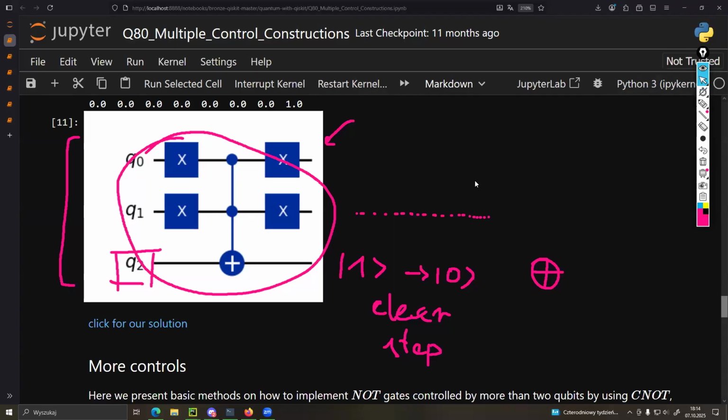No, because you never know. Recall this, that you start from a superposition, right?